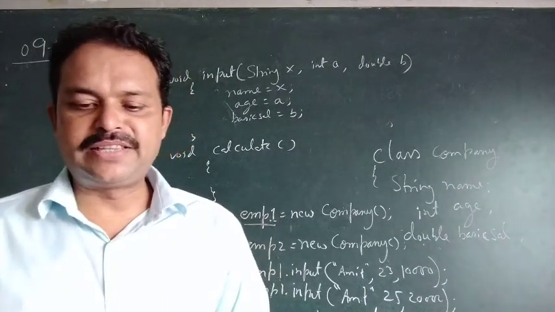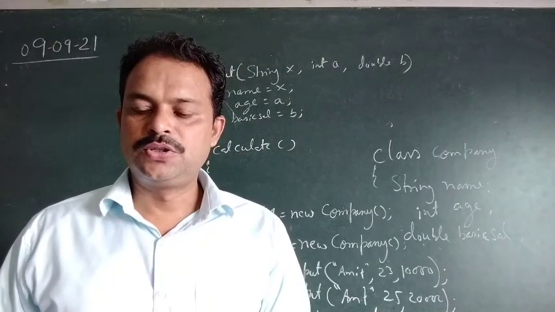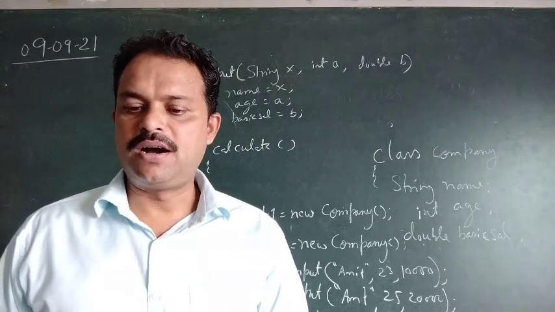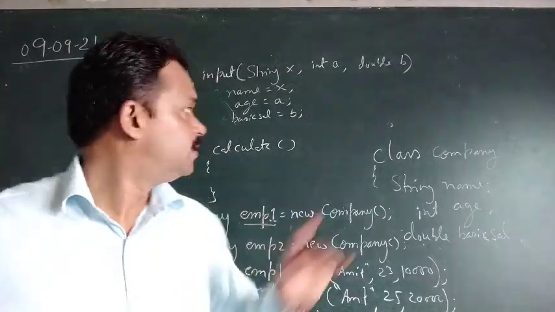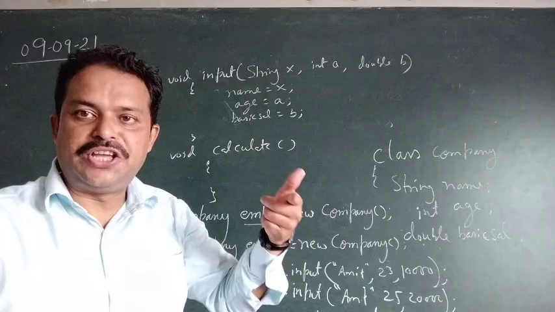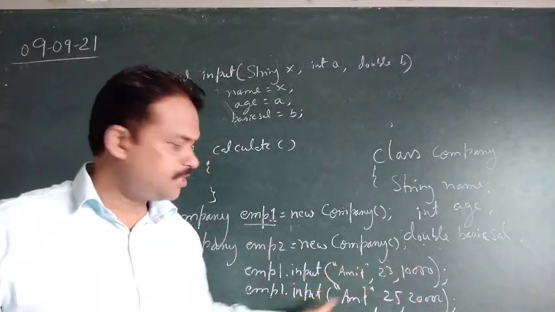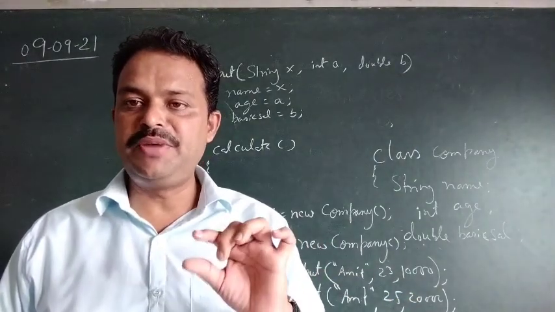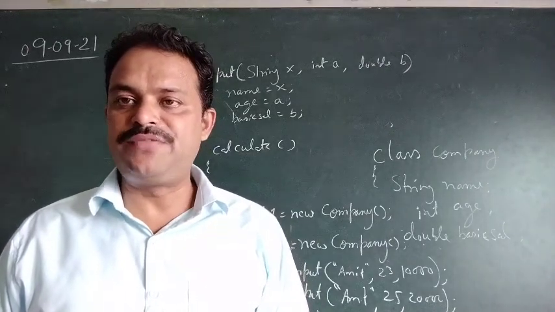In the book it has been mentioned that the attributes of an object show the state of the object, and change in state occurs when some method is applied on an object. See, I am calling this method input, and the state is getting changed. Previously this was the value. When I called the same function with a different value, the state changed. Let me repeat the meaning of this line: the attributes of an object show the state of the object.